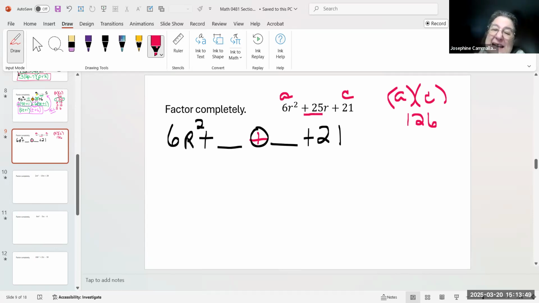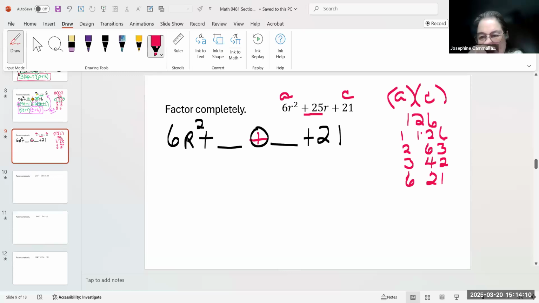Well, if I do 1 and 126, I've got 2 and 63, 3 and 42. 4 doesn't work, 5 doesn't work, 6 and 21. Let's see here. 7 and 18.